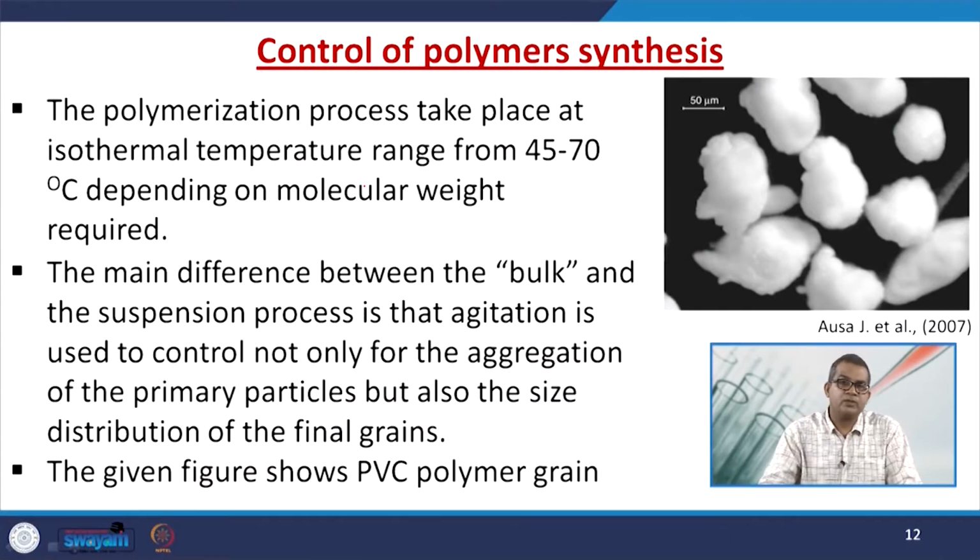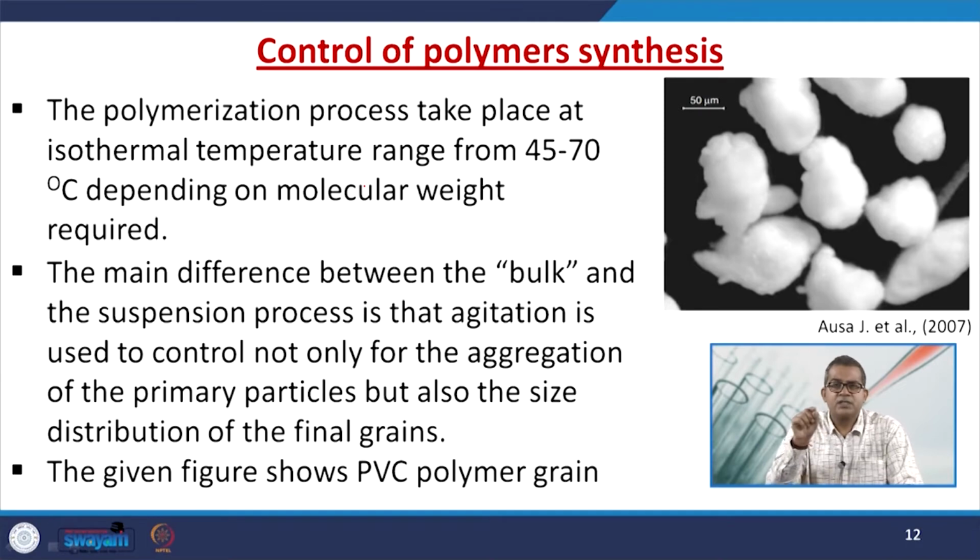Now the polymerization process usually takes place in an isothermal temperature range of 45 to 70 degrees Celsius, depending upon how you are controlling the molecular weight and what the specific requirement for your molecular weight is.